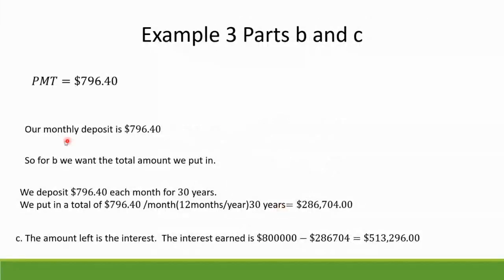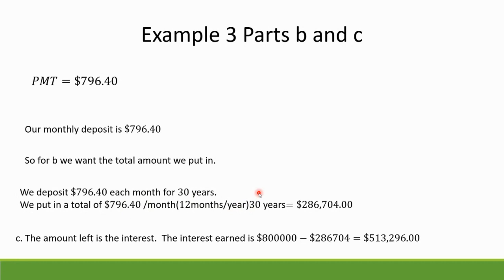If we're depositing this much each month, how much will you have contributed after 30 years? We have this per month, and we're going to multiply it by 12 months per year, and then multiply by 30 years.